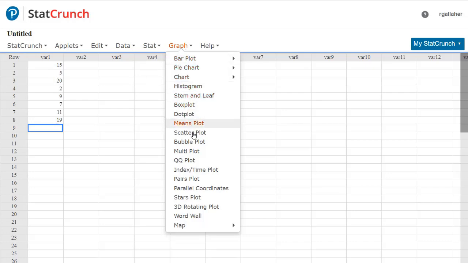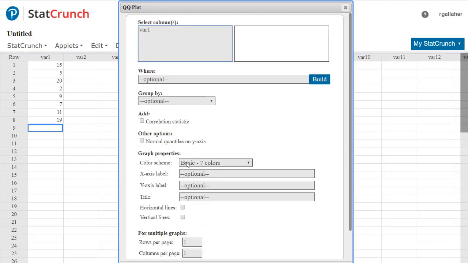Again, StatCrunch does not have the option of a normal probability plot, but it does have something pretty similar called a QQ plot. Not exactly the same thing, but pretty close. So I've selected QQ plot, and I have to tell StatCrunch where the data are, and so they're in this column called var1.